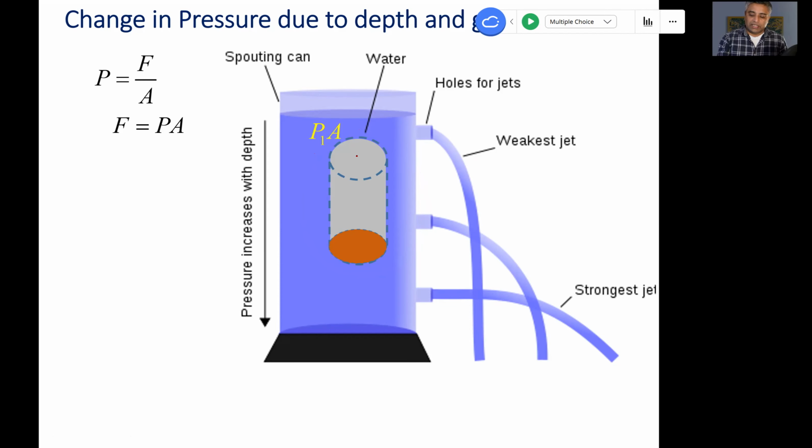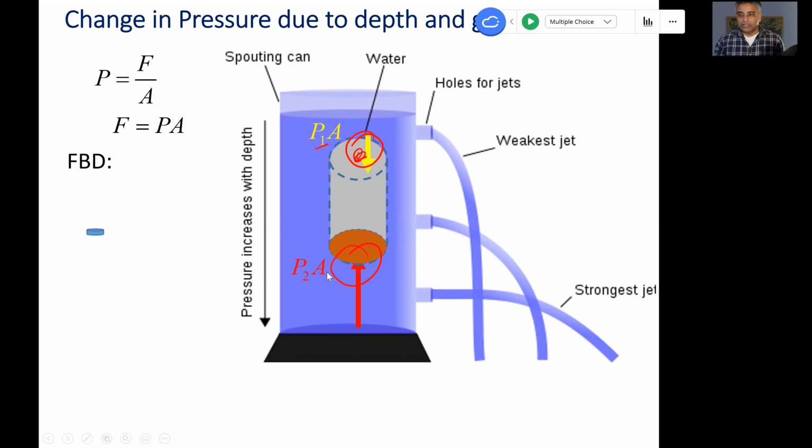So here, let's say pressure is P1 and the area is A. And at different depth, pressure is different, right? We know that, and it's larger. So that means pressure times area is force, so that is force at that point, and this is force at that point, isn't it?